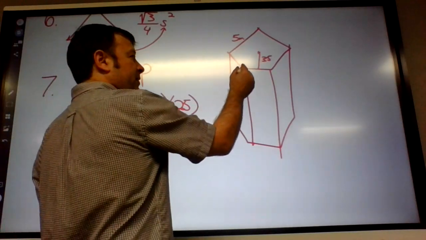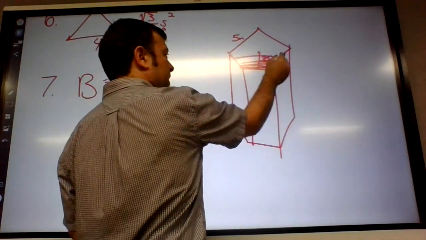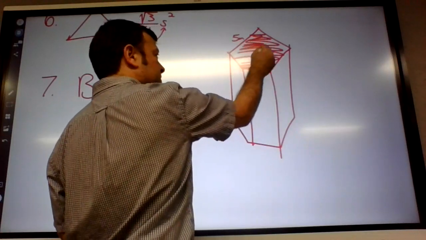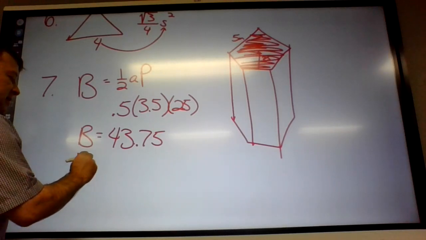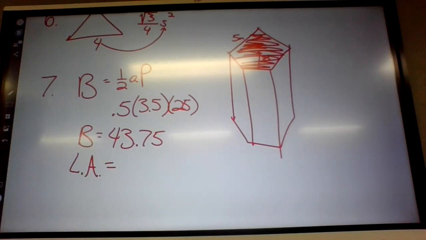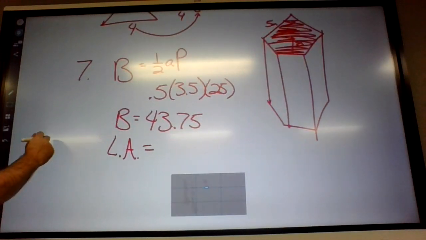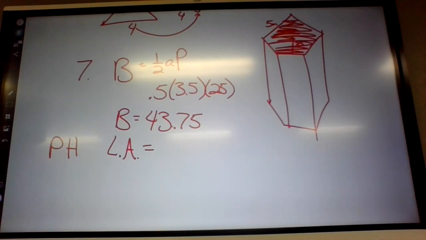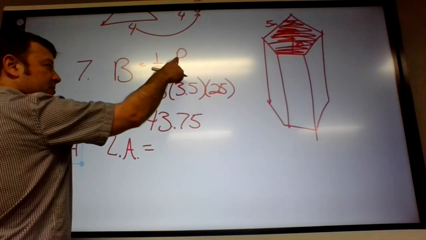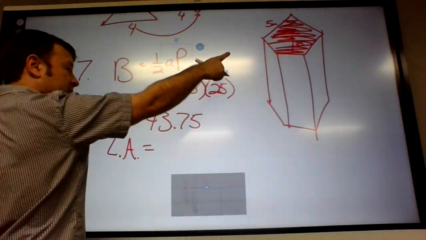So what we just found was the area of the base, one of those pentagons. We also need, and this is one of the questions the book asked, the lateral area. For the lateral area, we do the perimeter of the base times the height of the prism. The perimeter of the base was 25.